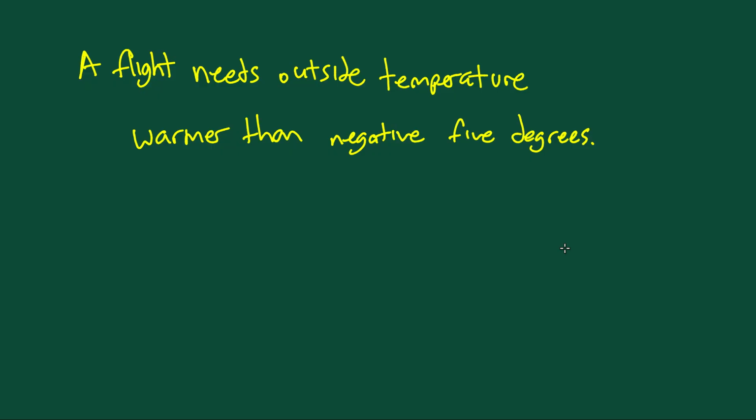A flight needs outside temperature warmer than -5 degrees. How could we represent this on a graph?